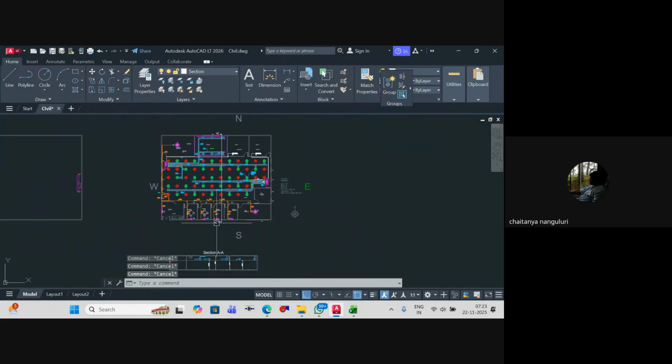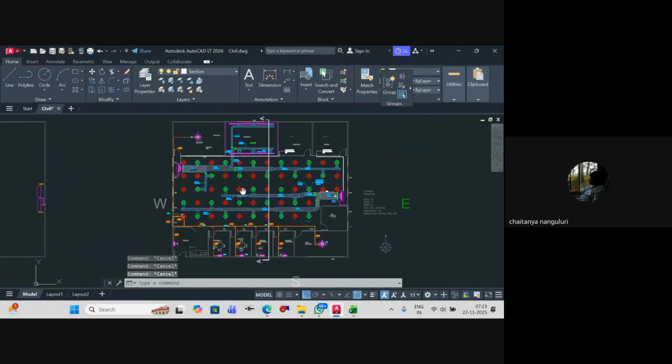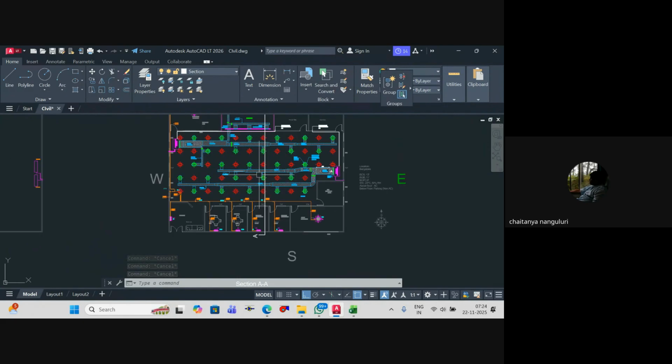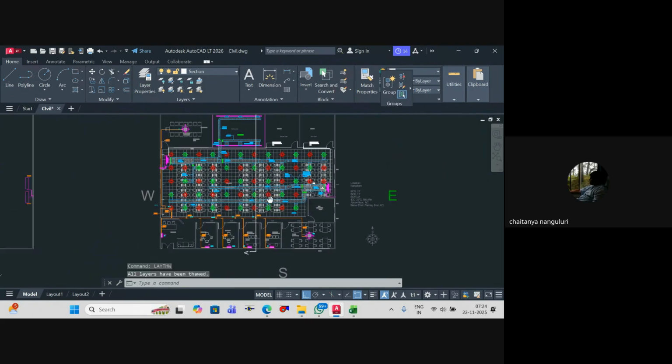So now we'll be working on the design of this particular layout. I'll close this off. I'll freeze the layers that are not required, including the furniture.